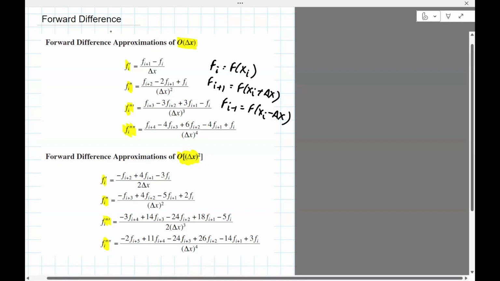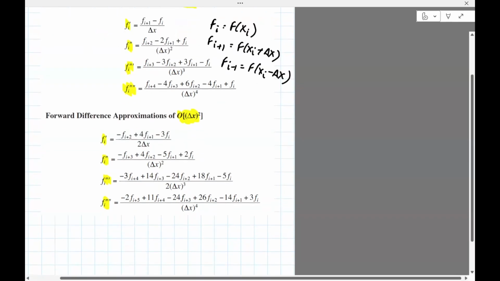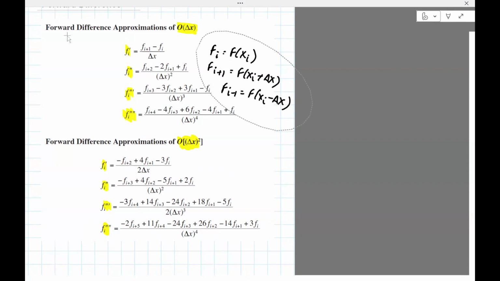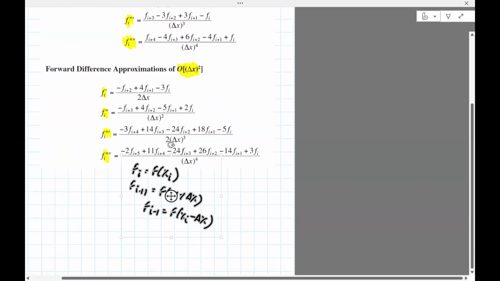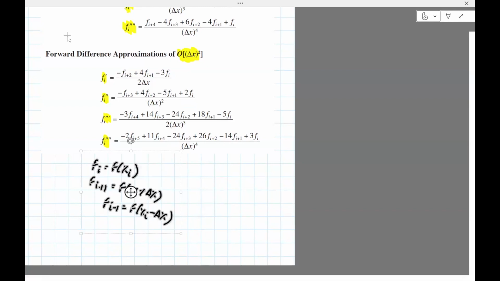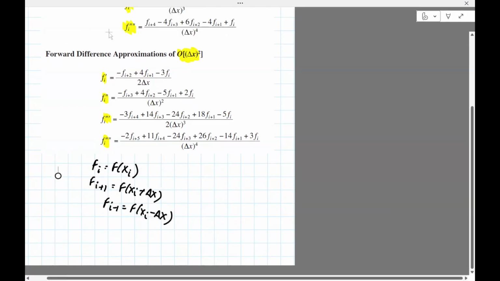And then I plus 2 means xi plus 2 delta x and so on. Maybe I should put it down here. I think you'll forget. I'll write one more down so you get the hang of it. If you have f of I minus 2, it will be f of xi minus 2 delta x and so on.